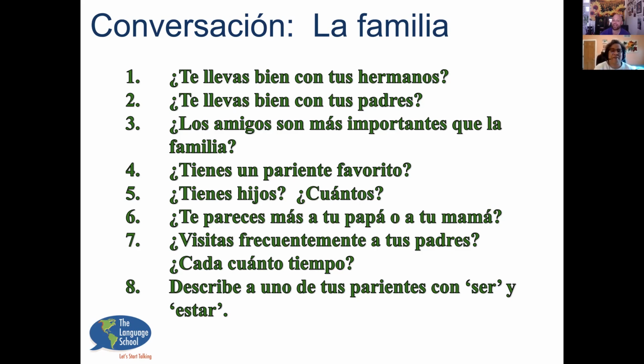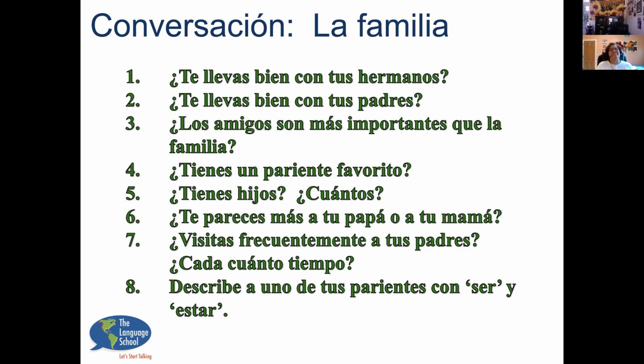Escribe a uno de tus parientes con ser y estar. Sí, mi hermana menor es muy alta. Oh, okay.